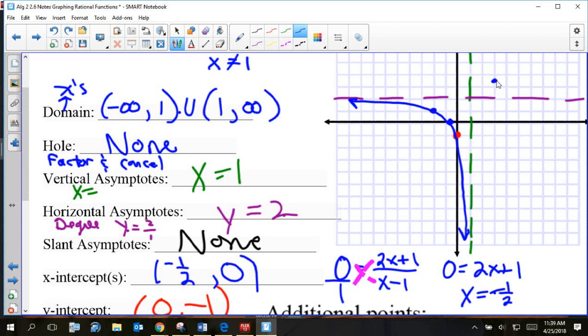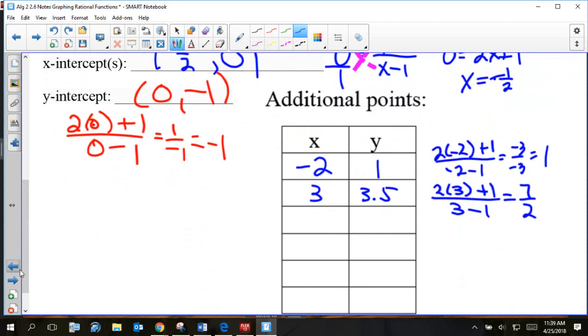How about something else? 5? Oh, we could do 4 too. 2 times 5 plus 1, oh, I think 4 works better. Over 5 minus 1, so I get 11/4, 2 3/4.